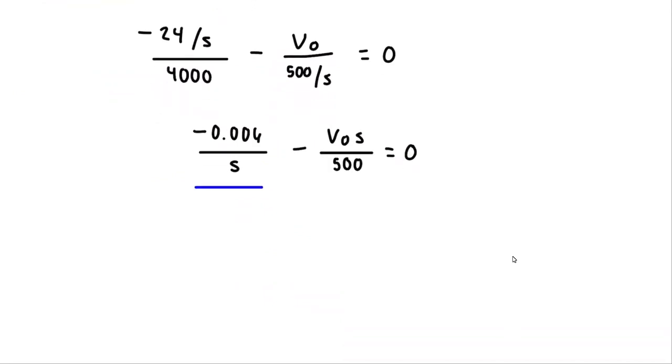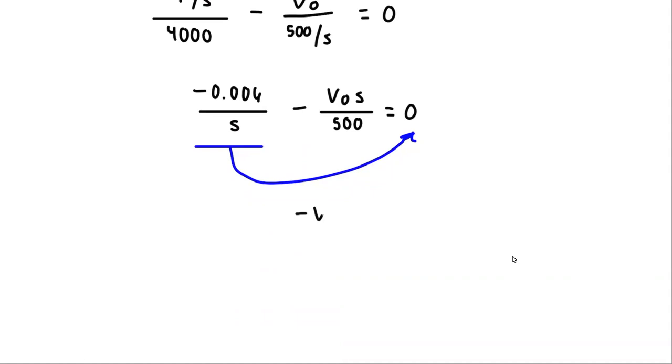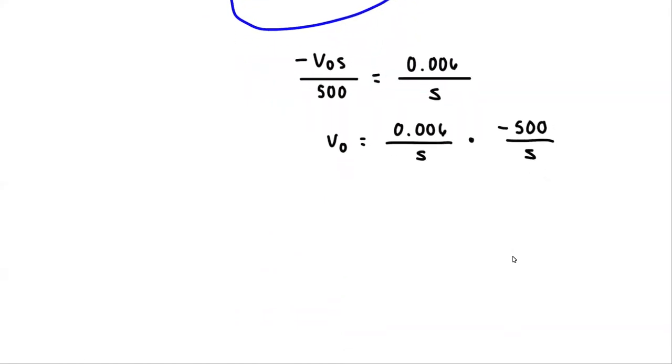Now we can move this first component over to the right side of the equation in order to get Vout by itself, which gives us negative Vout S over 500 is equal to positive 0.006 over S. And we can further simplify this by moving the negative S over 500 to the right side by multiplying by its inverse, which will give us Vout is equal to positive 0.006 over S times negative 500 over S. And we can further simplify this to get that Vout is equal to negative 3 over S squared. And this is our final answer for Vout in the S domain.